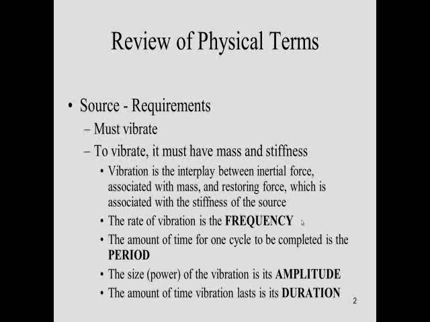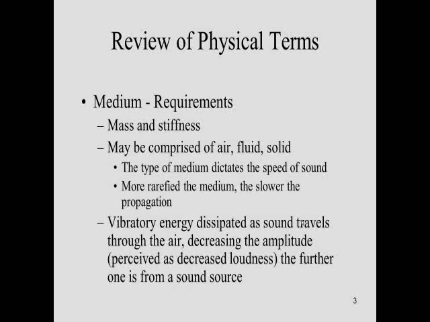The size or the power of the vibration is termed its amplitude or its intensity. And we will also see how that refers to the amount of displacement that an object experiences from its resting position. And then the total amount of time that a vibration lasts is termed its duration. So that's the vibrating source.